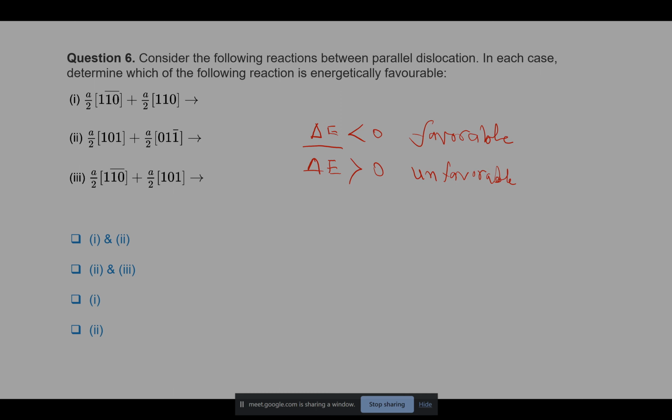Okay, so how can we find out these things? First, we have to find the resultant vectors.